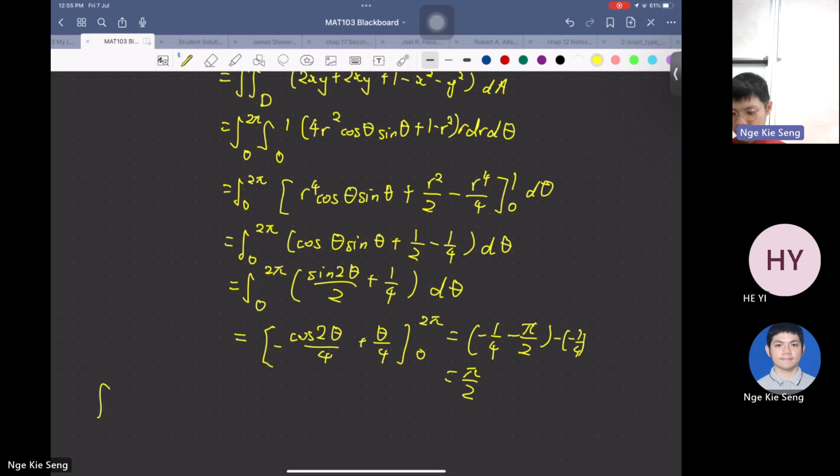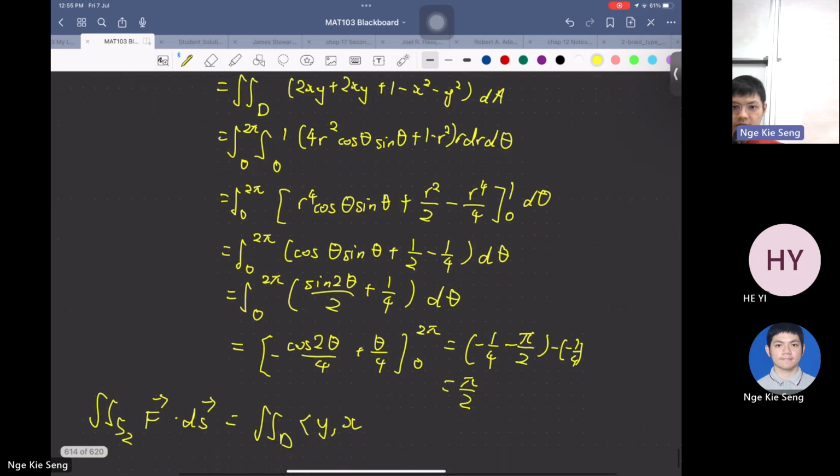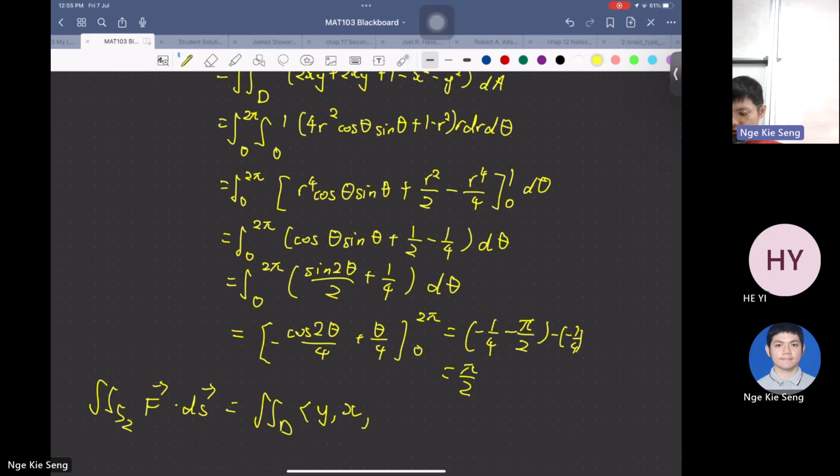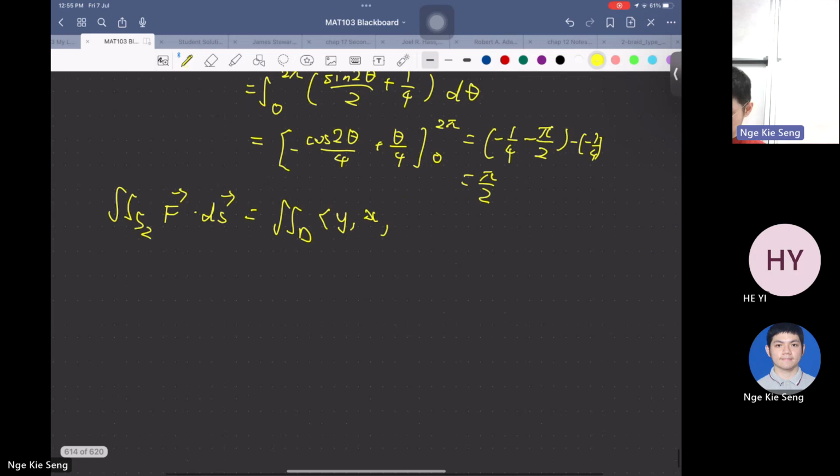We still have one surface to go, S2. On S2, we are taking the dot product between (y, x, 1 - x² - y²) and the normal vector. S2 is the surface where z is 0, so my function on the k component is just 0.